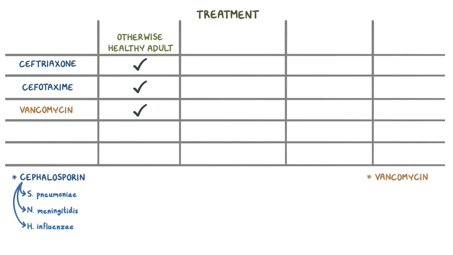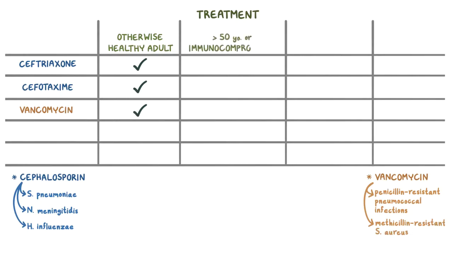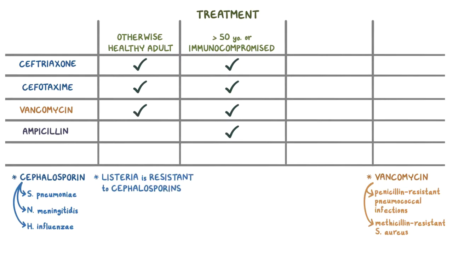Vancomycin is added because of the increasing prevalence of penicillin-resistant pneumococcal infections and methicillin-resistant Staphylococcus aureus. If the individual is over 50 years old or immunocompromised, then ampicillin should be added to cover Listeria monocytogenes because Listeria is resistant to cephalosporins.